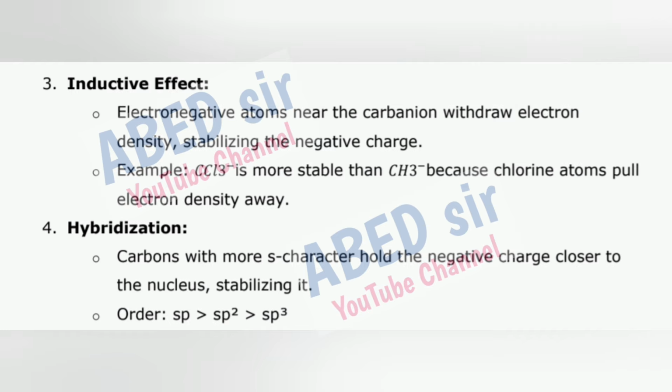Example, CCl3- is more stable than CH3- because chlorine atoms pull electron density away. Hybridization. Carbons with more s character hold the negative charge closer to the nucleus, stabilizing it. Order: sp > sp2 > sp3.